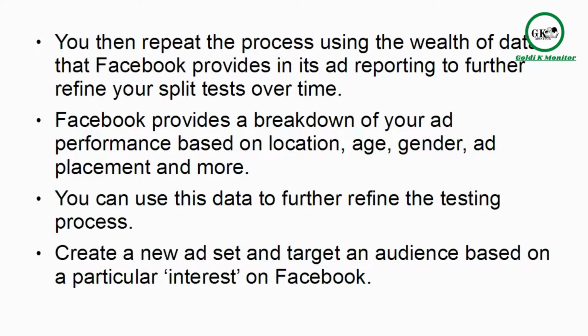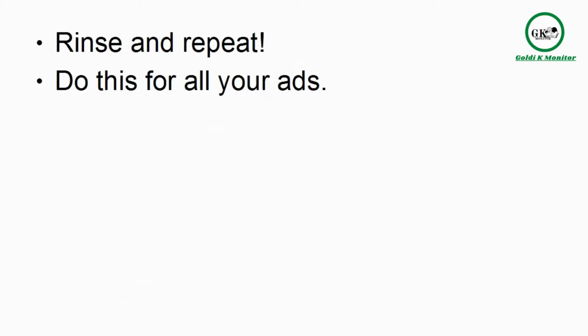And you can also split test where the ad appears on Facebook, whether it appears in the sidebar or in the newsfeed, etc., how it performs on mobiles as opposed to people watching on PCs, etc. There's all sorts of different stats that you can use to your advantage here. And you simply rinse and repeat, and you do this for all of your ads.